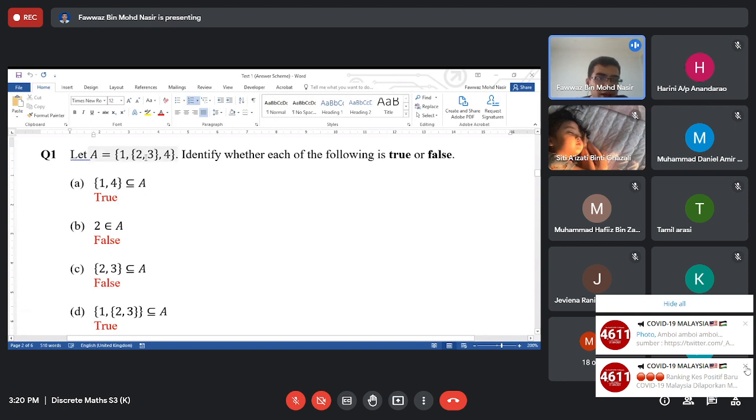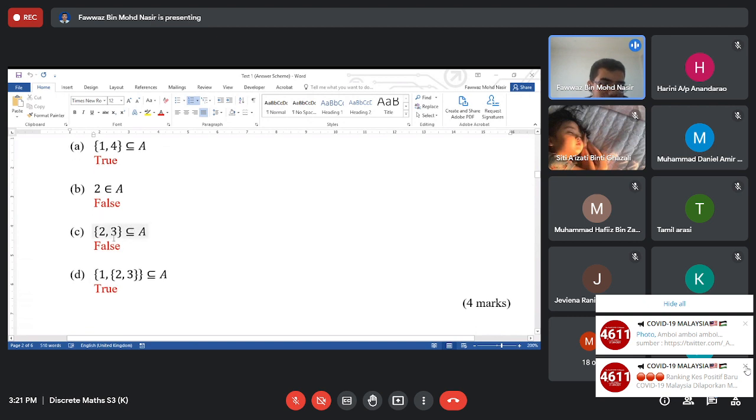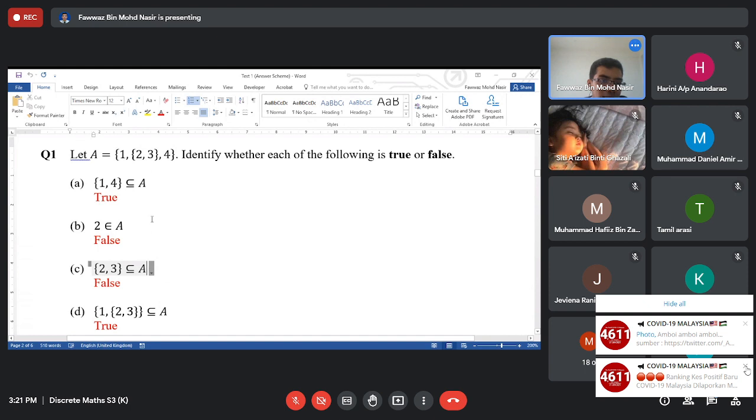Then it says 2 is an element of A. This one is false, so 2 is not an element of A. If we remove the curly brackets, then this statement would be true. But since 2 sits inside another set which is part of set A, 2 is not an element of A. Then this one says {2, 3} is a subset of A. This one is also false. If the statement were written with curly brackets twice, then it would be true. But since there is only one curly bracket here, it is false. Then part D, {1, 2, 3} is a subset of A. This one is true.